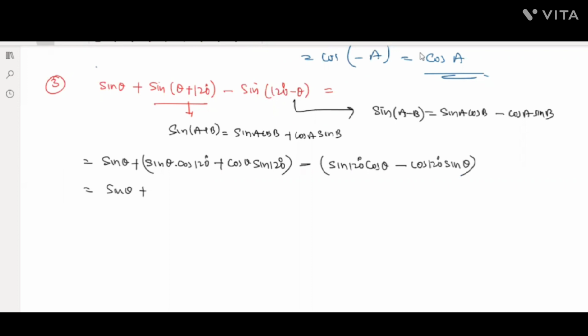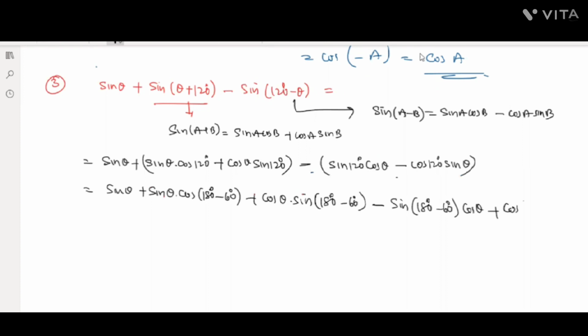Since you have plus outside, there is no change in the sign. Sin theta cos 120, we can write like 180 minus 60, plus cos theta into sin (180 minus 60). So here we have minus. If you open the bracket, the first term will become minus sin (180 minus 60) into cos theta. So minus into minus, plus cos (180 minus 60) into sin theta.